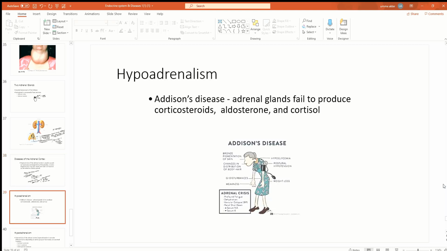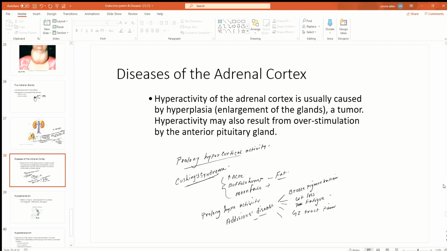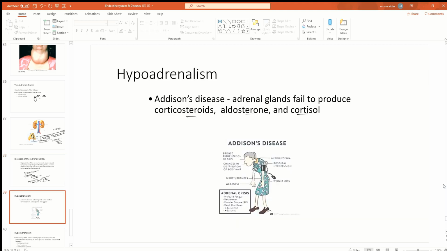So here you see Addison's disease, the adrenal gland fails to produce corticosteroids. That means cortisol, aldosterone, those hormones. Now, here you see, I wrote bronze, B-R-O-N-Z-E, bronze pigmentation of the skin.